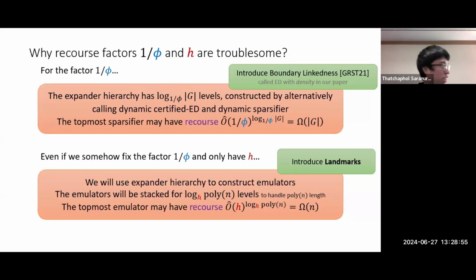And the H factor is also not good because finally we will use the expander hierarchy to build emulators. And the emulators will stack for a bunch of levels. And if at each level the emulator has recourse H, this will also make the final recourse become super linear. That is also bad.